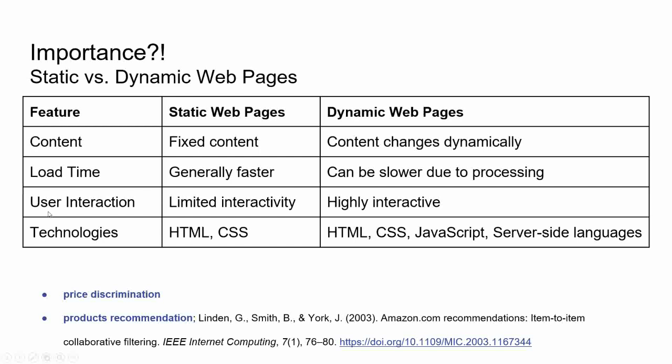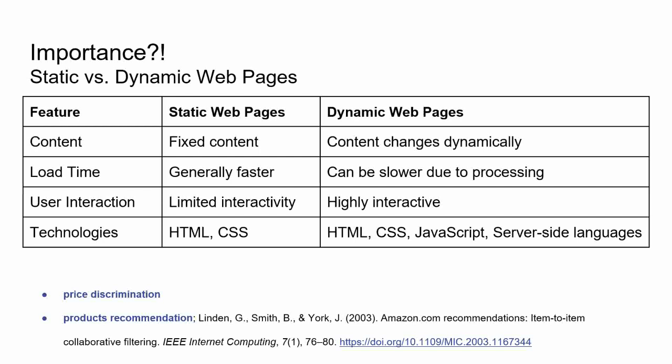Now you could ask yourself, why is this important for my personal life, to understand how web pages work? For example, if you're looking for a flight or you are buying products in an online warehouse, you're normally confronted with dynamic web pages. And importantly, for example, price discrimination occurs when a business or seller sets varying prices for the same product or service tailored to different customer groups.